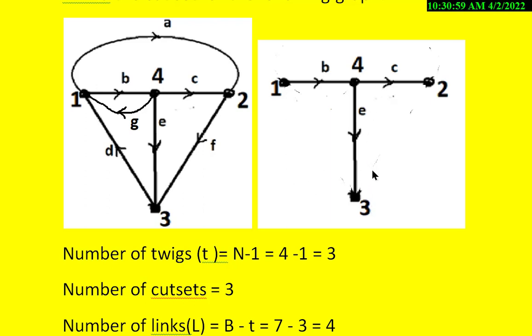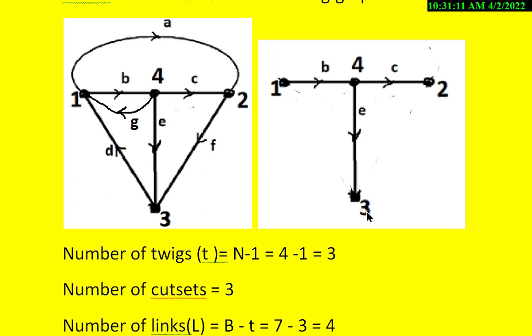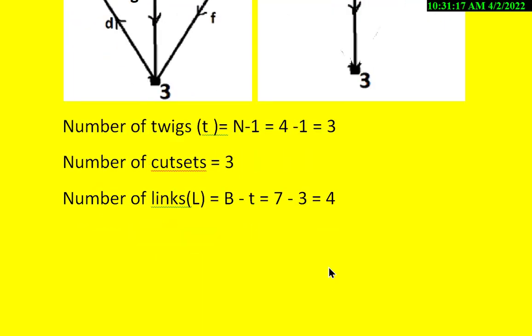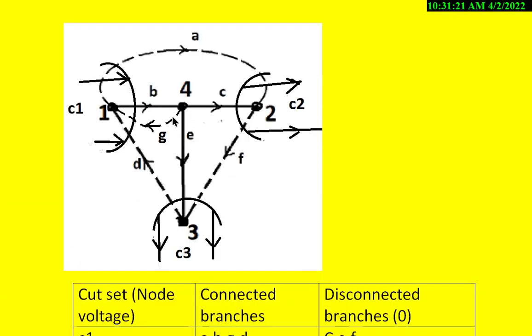To get the Cutset matrix for this tree, add the other elements as links, and the links are also fixed, that is 4. Look at this. This is one link, this is another link, this is another link, this is another link. There are totally 4 links.